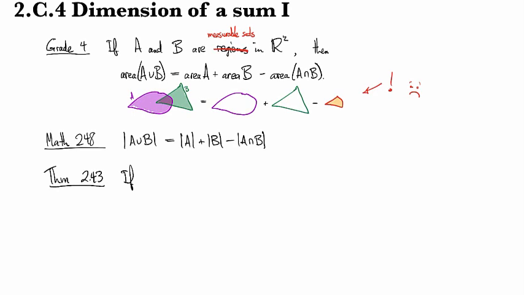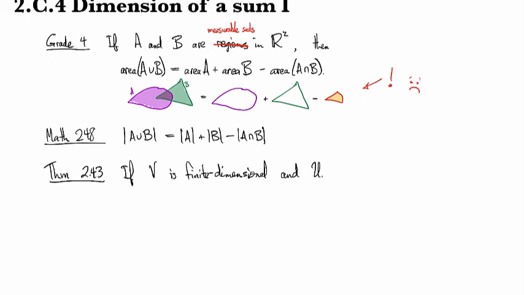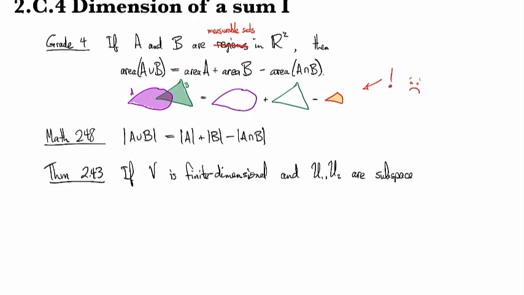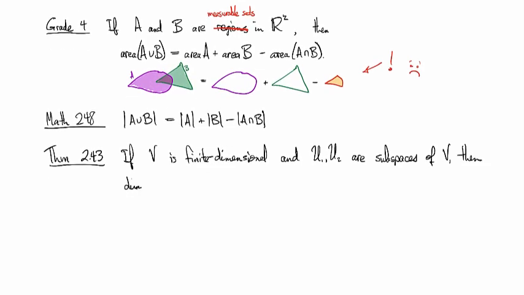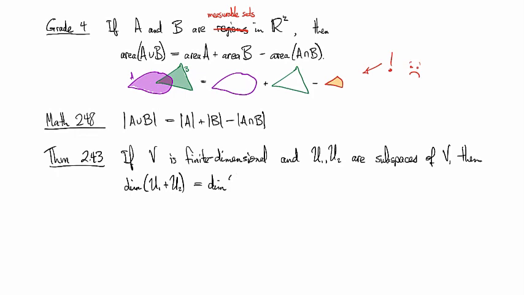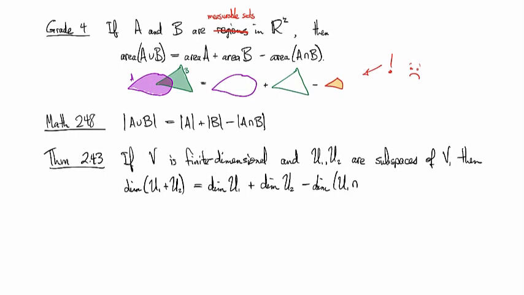If V is finite dimensional, and we have two subspaces, U1 and U2, then the dimension of U1 plus U2 is going to be the dimension of U1 plus the dimension of U2 minus the dimension of the intersection subspace.